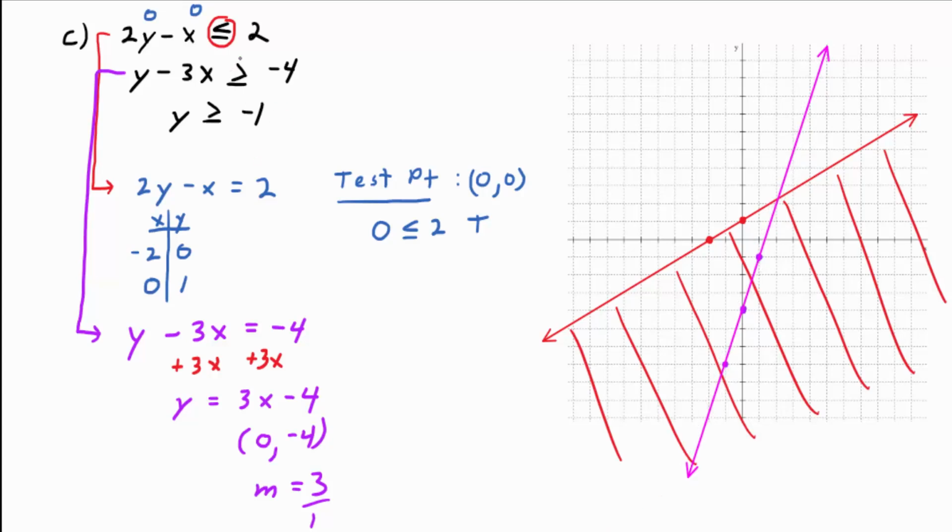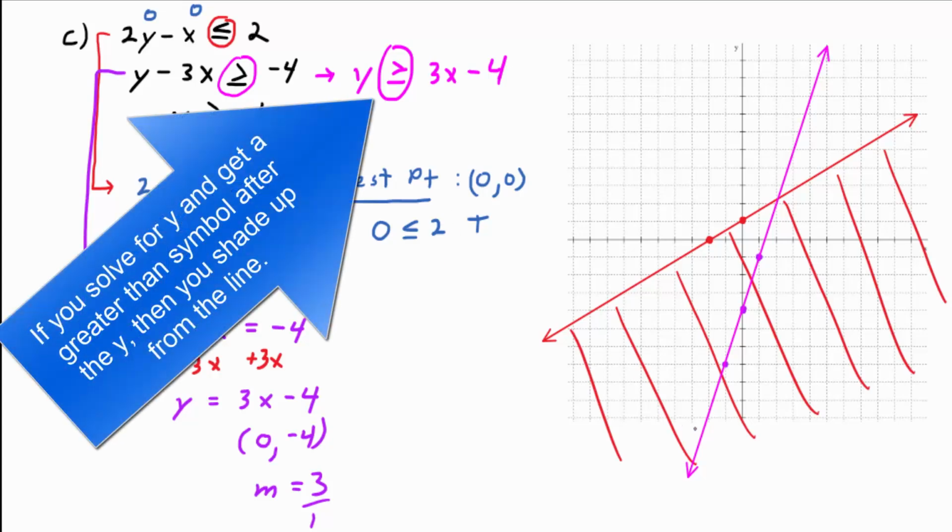And once again, it is a solid line. So which way do I shade? Well, if you had actually solved the inequality, you'd get y is greater than or equal to 3x minus 4. So if you use the shortcut for finding the shaded region, you would generally shade above the line that we just plotted. So kind of in this direction.